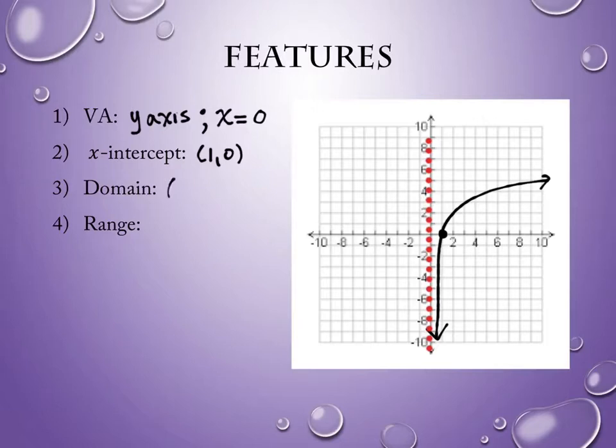We talked about the fact that the domain is 0 to infinity, and the range is negative infinity to infinity. Remember, domain is x values, range is y values. So everything switched.